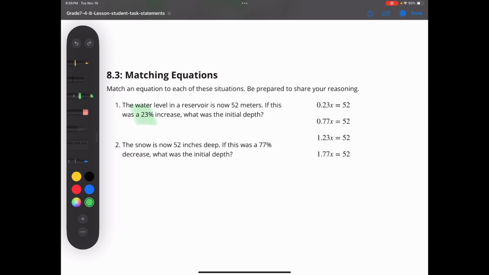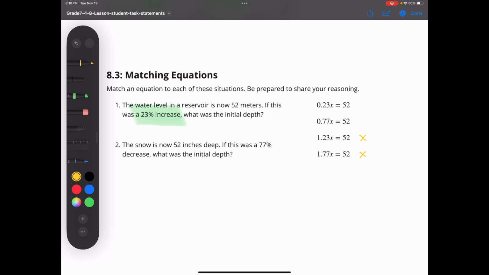It's a 23% increase, and now gets to 52. So whatever the initial amount is, it has to get greater to 52. It looks like if you look at the equations, x is our initial amount, so x has to be increased to 52. And there's two that are increasing, so it's either this equation or this equation.